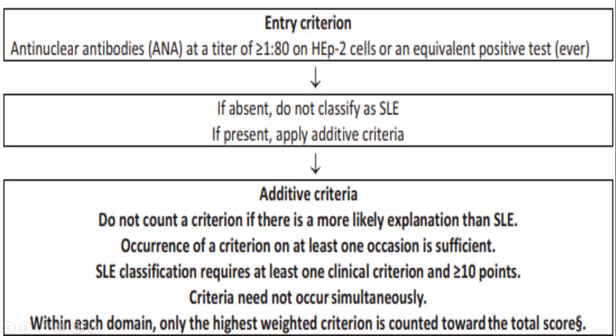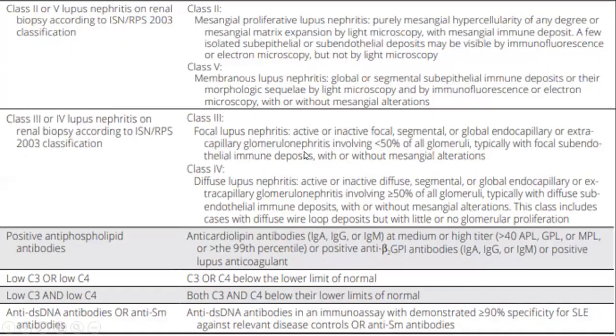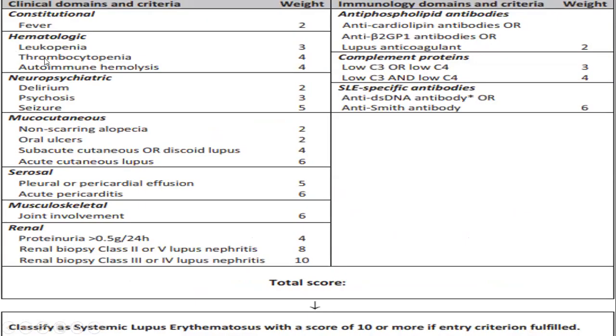Take note, within each domain, only the highest weighted criterion is counted towards the total score. For example, under hematologic, your patient presented with both leukopenia and thrombocytopenia. You do not add up 3 points and 4 points. You only score the highest, so you use just 4 for hematologic in totaling the score.